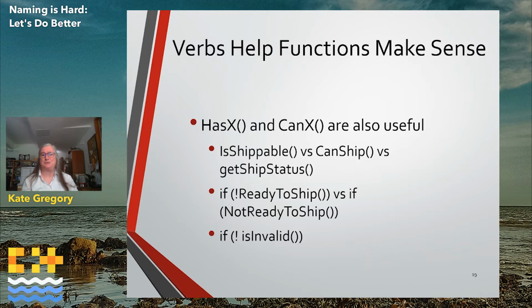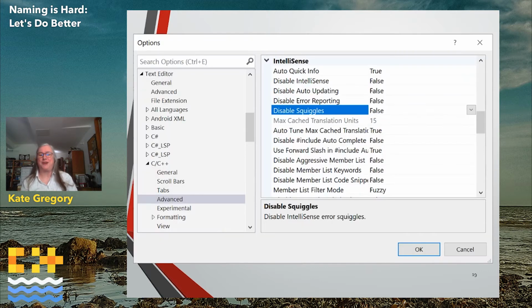Should you offer both functions? Go too far with this and you end up, I love Visual Studio, but this is a terrible dialogue. It's like a million different options and they're all labeled disable whatever and they're all set to false. Which is sort of like enabling all of those being set to true. Be careful about double negations.